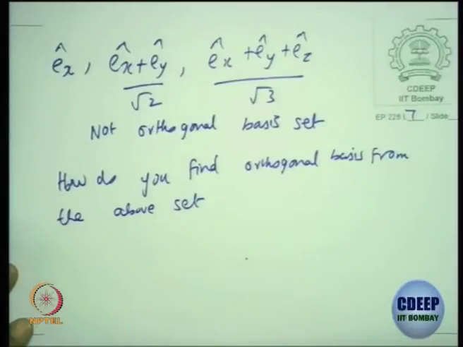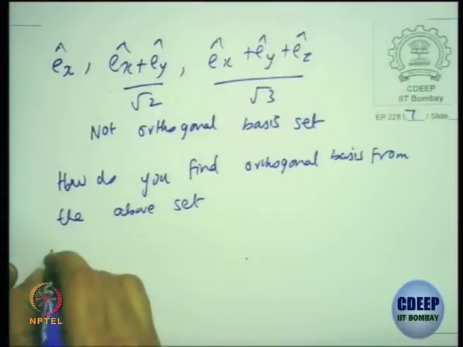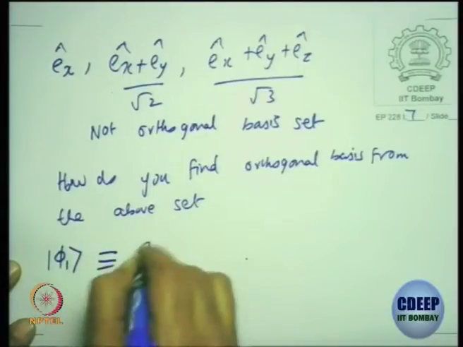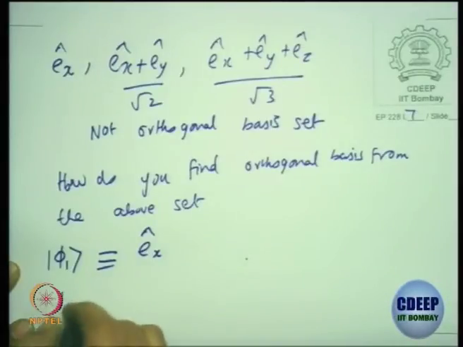This is familiar. You first define your first state phi 1 to be equivalent to Ex, and then how do you find phi 2?